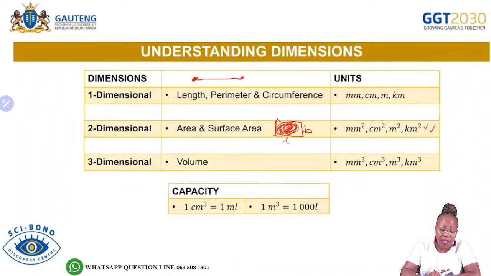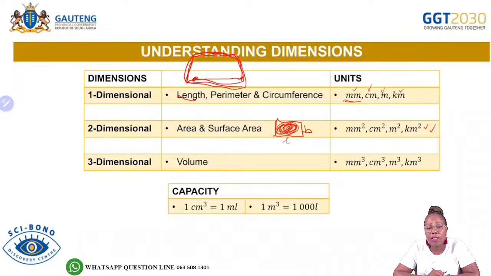But when you look at the length, we only talk about the distance, the perimeter around the shape. That is not two-dimensional, because you only add the distance around that shape. It's either in millimeters, centimeters, meters, or kilometers, depending on the size of the shape that you are referring to.